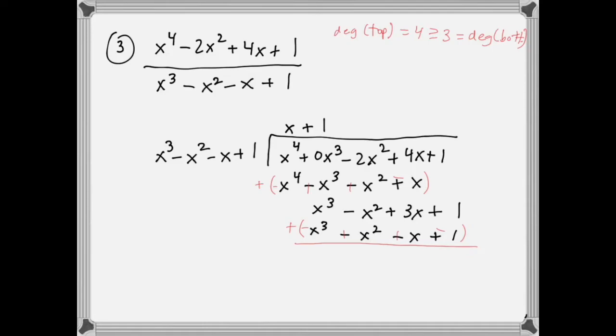In this one, that's gone and that's gone. So we just get 4x, don't we? So then this is equal to x plus 1 plus the remainder 4x, and the denominator stays the same.